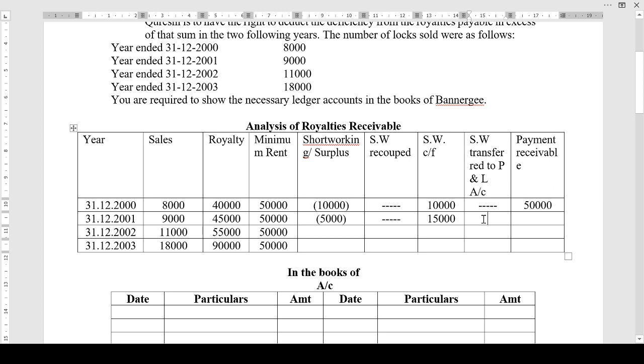In the next 2 years. So next 2 years for this is what? So transfer to P&L account. We don't have to transfer anything because we still have a hope of recovery. Payment receivable will be the minimum rent.